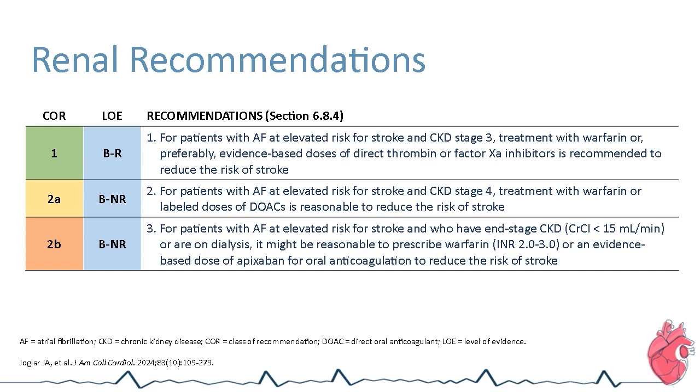We do know that warfarin has been used for a long time in end-stage renal disease, although warfarin performs very poorly. We do have observational data that some of the DOACs actually seem to perform relatively well in these patients. And the US guidelines actually recommend an evidence-based dose of apixaban potentially for these patients, given apixaban's safe bleeding profile, even in patients with end-stage renal disease.